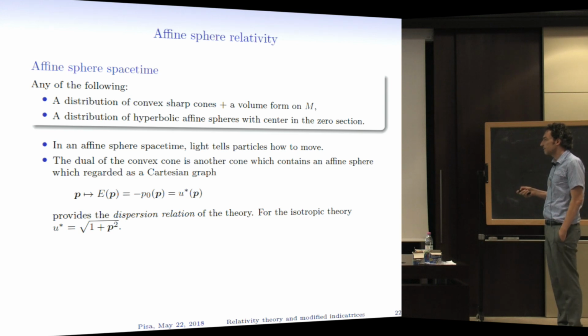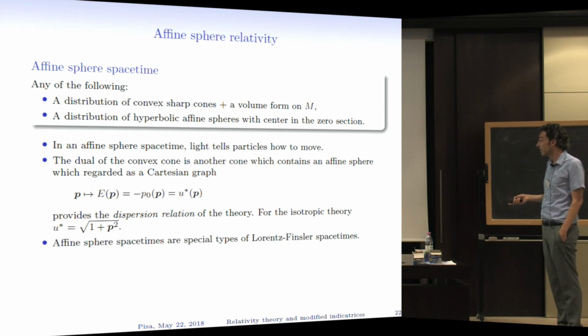If you take the dual of the convex cone, or better the polar, inside the polar there is the dual indicatrix, and it is itself an affine sphere which you can represent as a Cartesian graph through a function that turns out to be the dispersion relation of the theory. This is minus the energy. This is the usual E squared minus P squared equal a constant for mass equal 1.